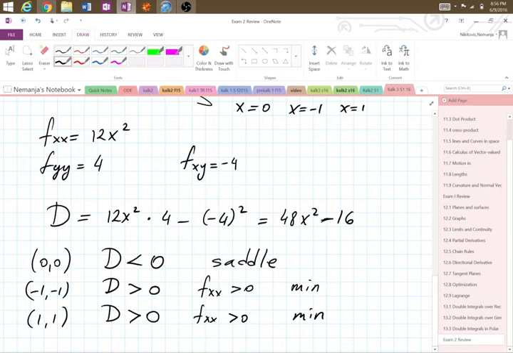So either one you put there, it's going to be positive. So yeah.